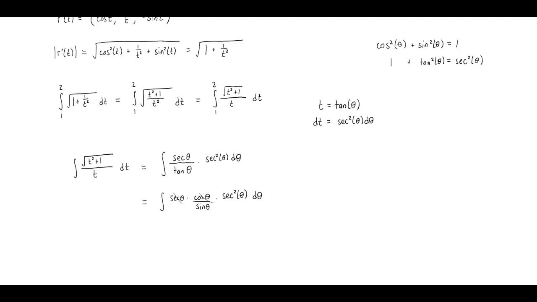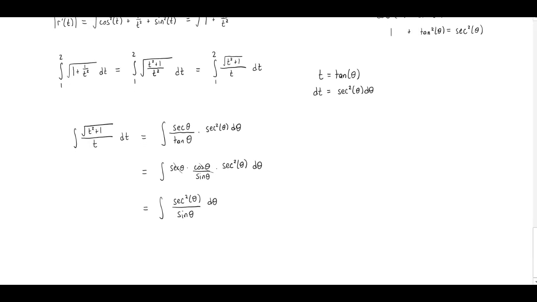All right, so next we have secant squared theta over sine theta. Okay, so let's try and use maybe this trig identity to rewrite secant squared.